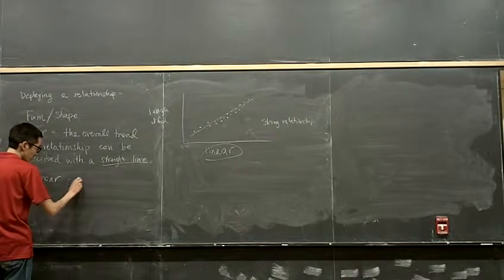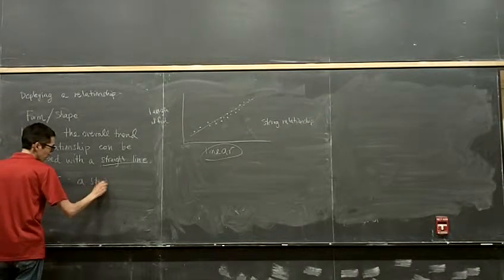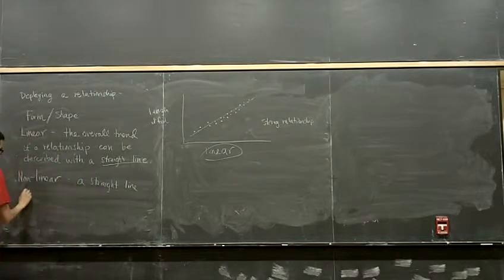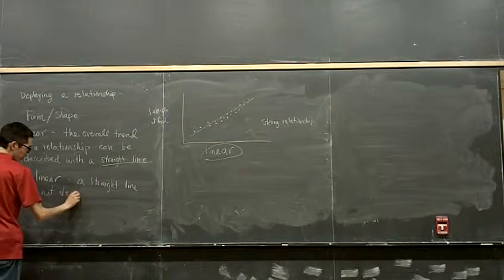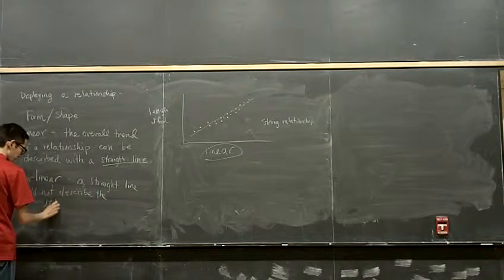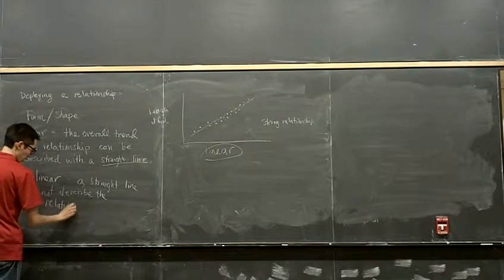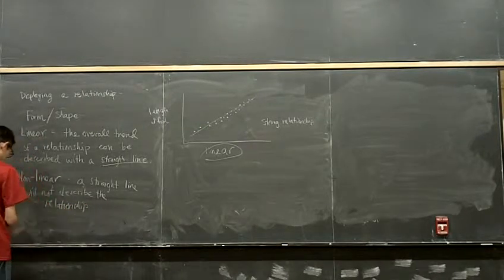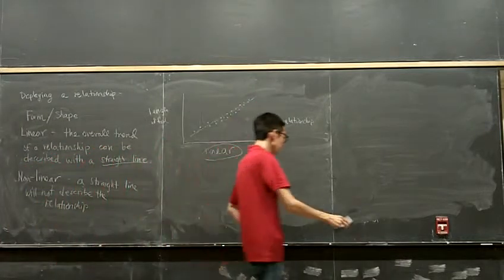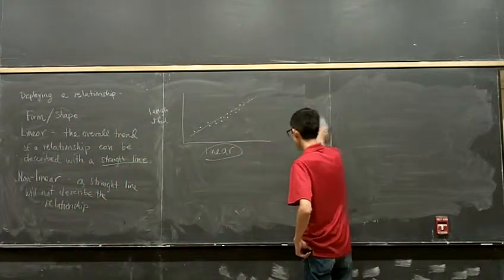So nonlinear just means a straight line will not describe a relationship. This one is linear, and it's a strong relationship.